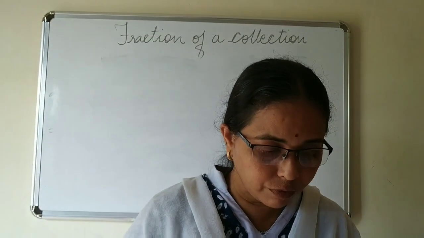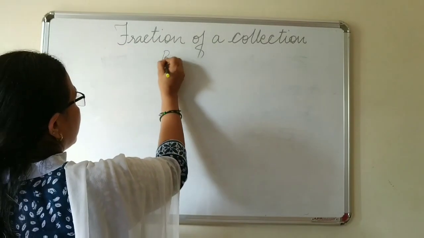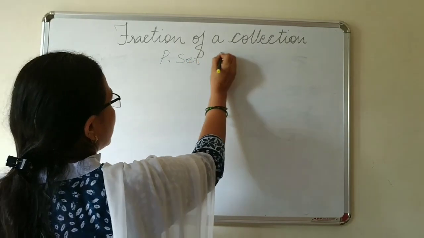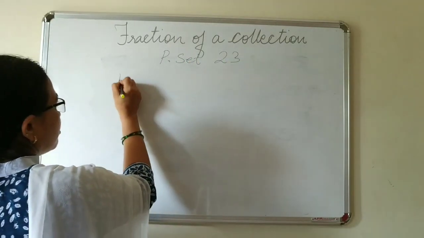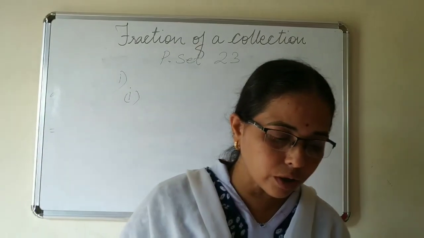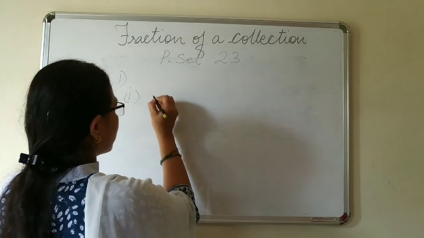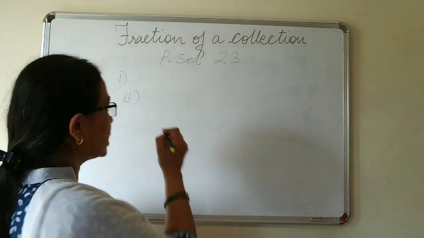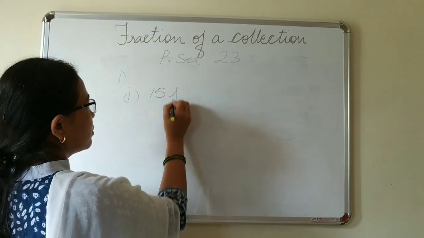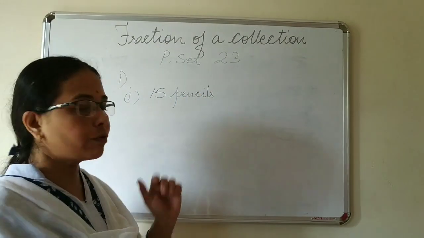So the first sum is in problem set 23. What is 1/3 of each of the collections given below? 1/3 of 15 pencils. Just now I have told you. This is the first sum.